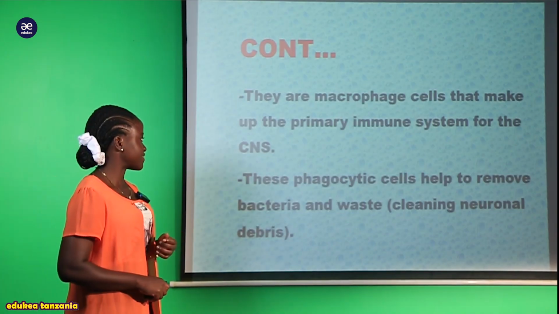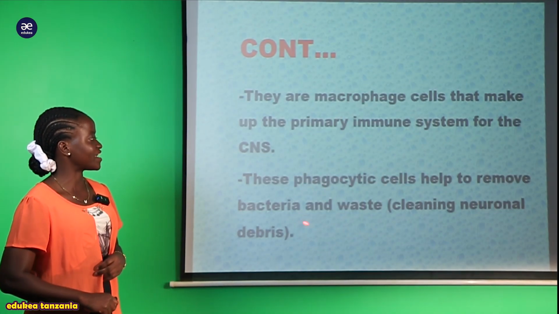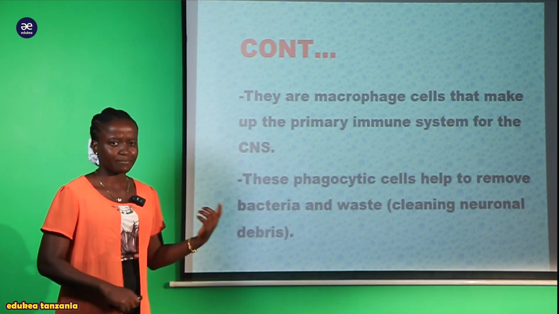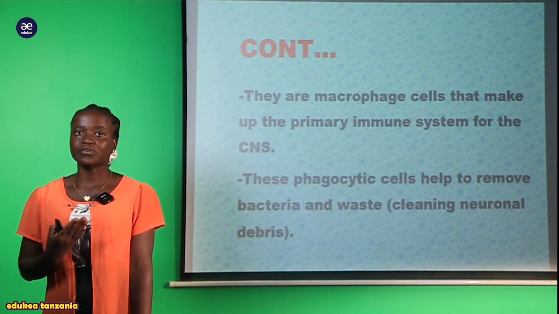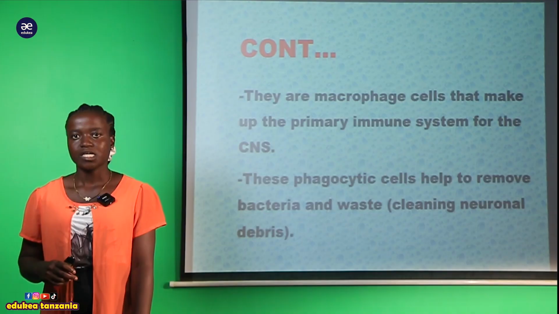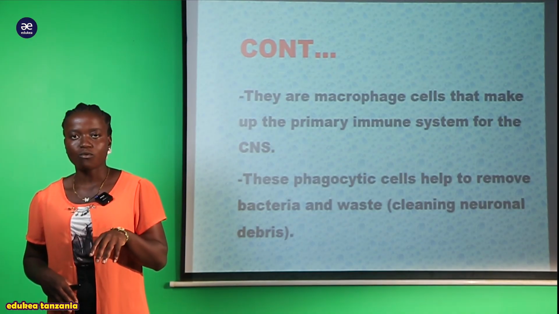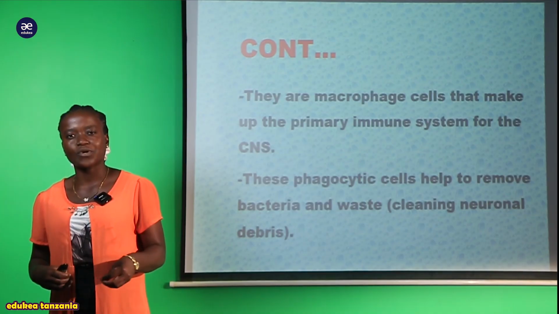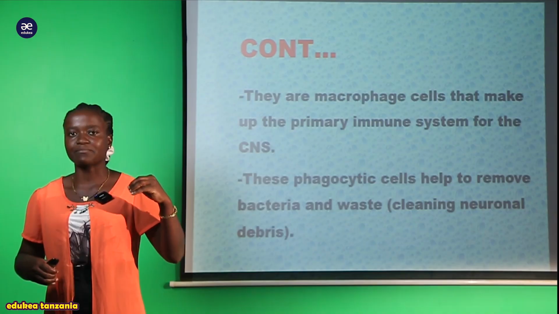So now we can say that these phagocytic cells help to remove bacteria and the waste, so that it helps in cleaning neural debris. So now you can see this neuroglia ambayo tunaita microglia cell yenyewe iko responsible kwa ajili ya kuua any kind of bacteria au uchafu wowote ambao unataka kuingia ndani ya central nervous system, that is ikiingia ndani ya brain.